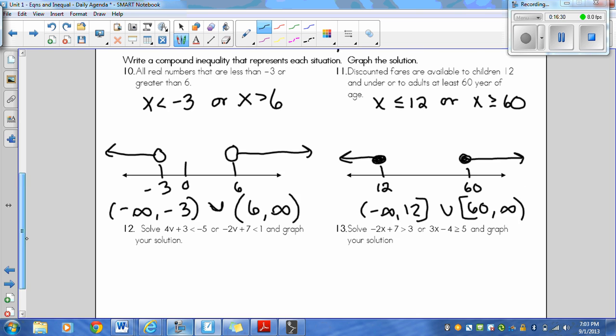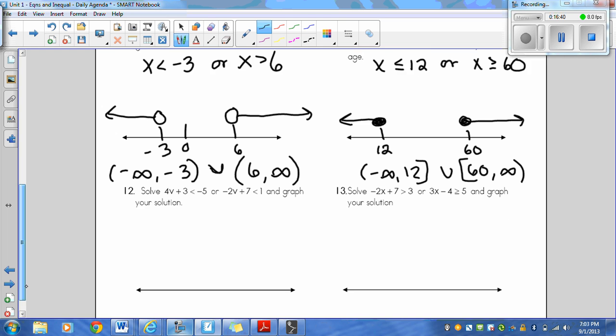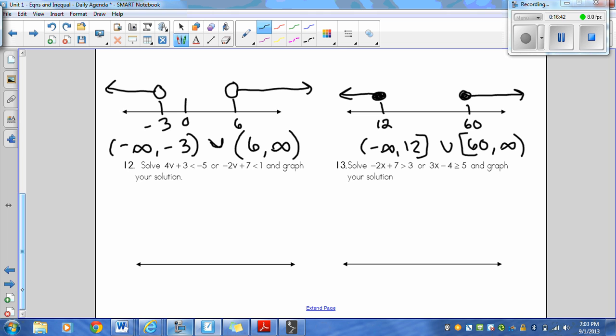So that might be a good follow-up question here as to what are the real numbers that you could have for ages. And I would say actually real ages could go in between, but not including 0, because as soon as you get to day 1, you're no longer 0, and go up through 12. And then you can't have an age of infinity either. So that's something to think about too in terms of a real life context.